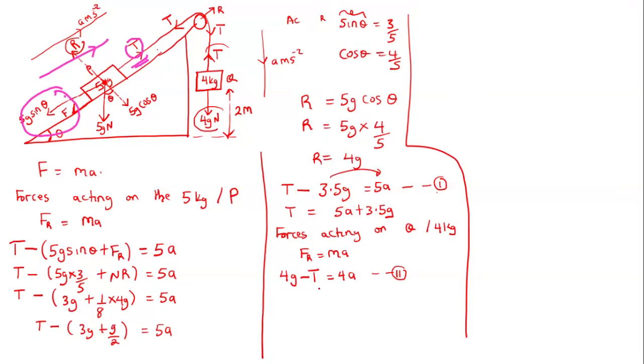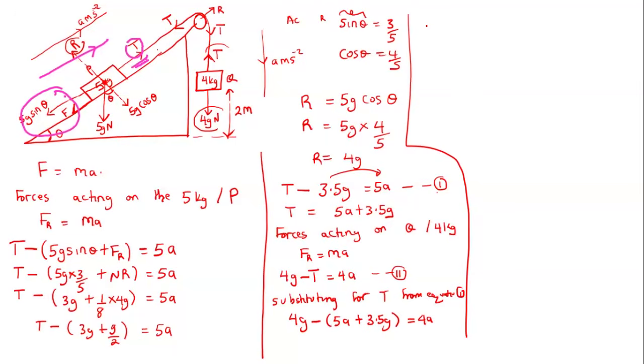So where there is T, I'll put it here. So I'll say now, substituting for T from equation 1, I'll come here and say this is 4g minus our T, which is 5a plus 3.5g, is equal to 4a.